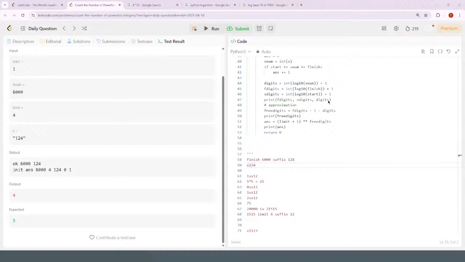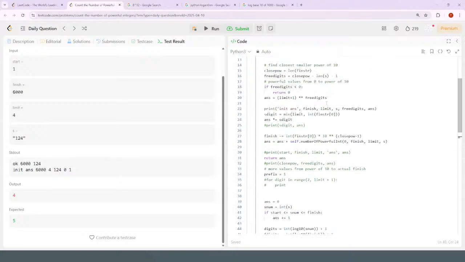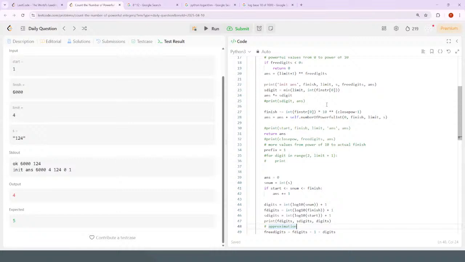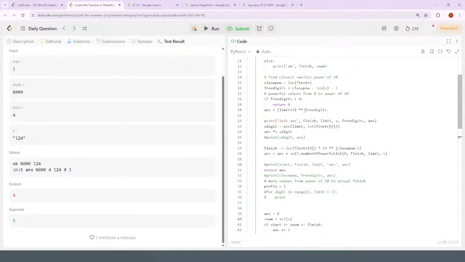I think maybe the way to handle this is, if your first digit matches the limit digit, then you have to worry about this, but if it's bigger, then you don't have to worry about it.